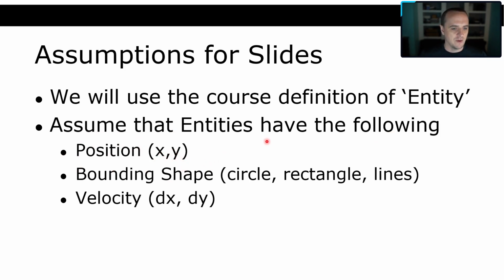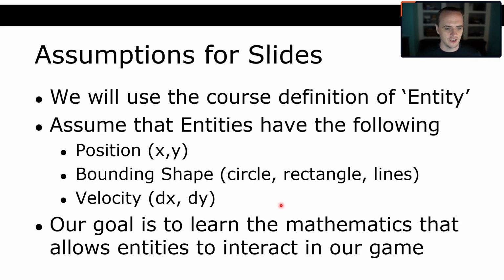They're going to have a bounding shape component, whether that's a circle or a rectangle or a line, and they're going to have a velocity component as well. That's dx, dy, the velocity or change in the xy position on each frame of the game. Our goal for this lecture is to learn the mathematics and the implementation of that mathematics that allows our entities to actually interact in the game in a meaningful way.